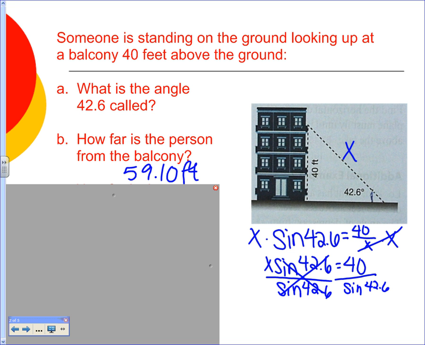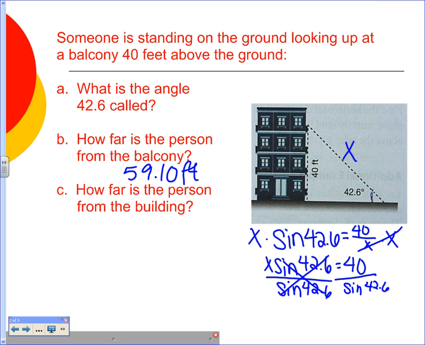Okay. How far is the person from the building? What length are we looking for? Y, the base. Person going into the building.